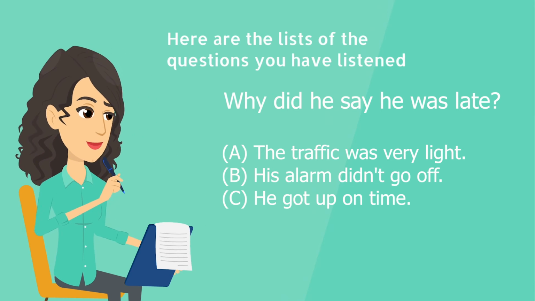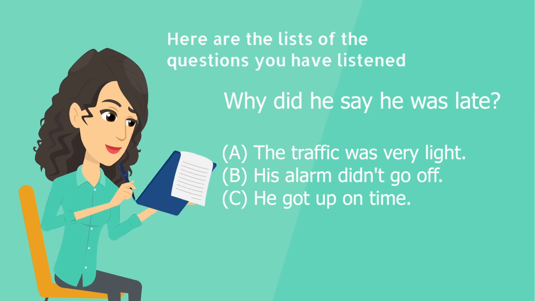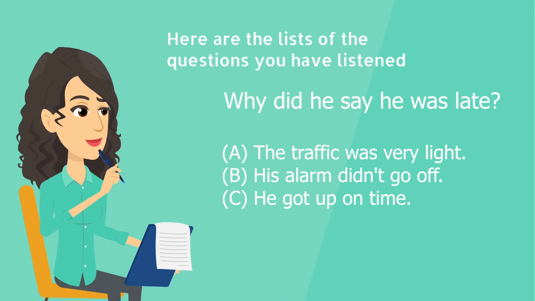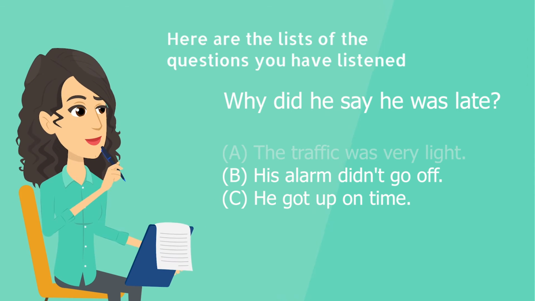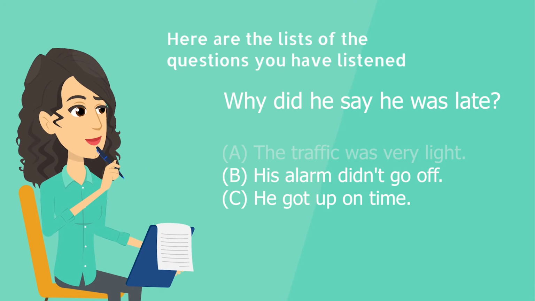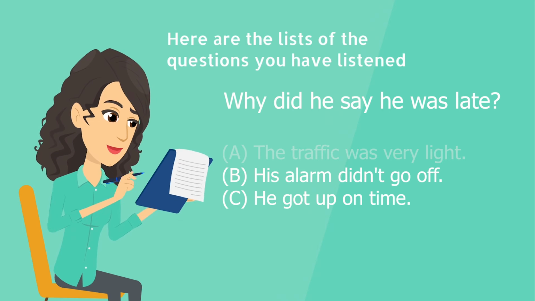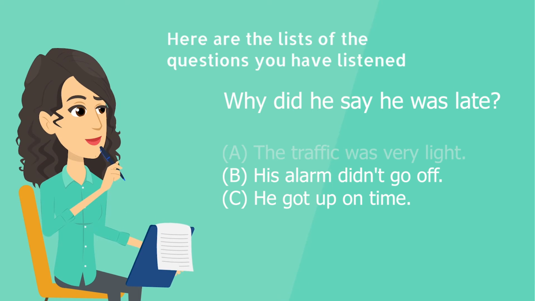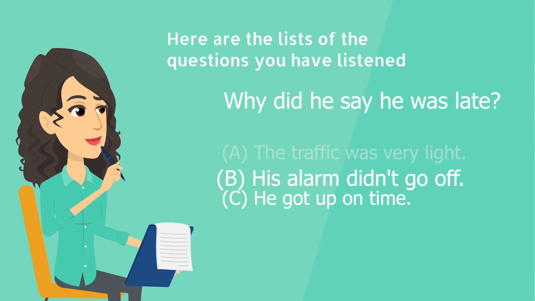So late and light are almost the same. That's why it can be a distractor. And B, his alarm didn't go off. Means he was late because his alarm didn't go off. That's why the answer is B.